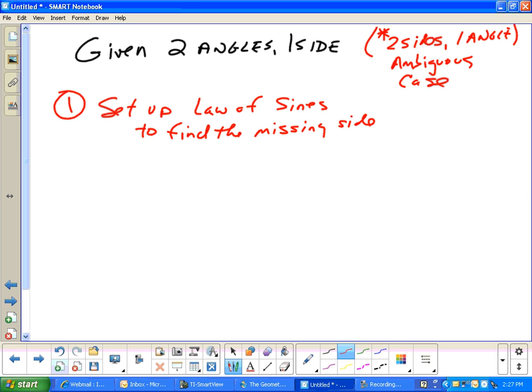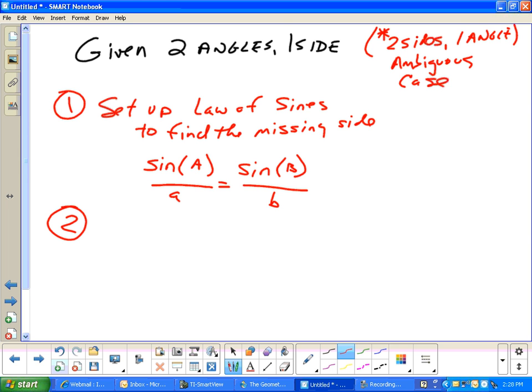So for example, if you're given angle A, you would just say the sine of angle A divided by a equals the sine of angle B divided by little b. And if you don't know b, you would just set up that equation and solve for b. Step number 2, you'll find the third angle by using the 180-degree rule for the sum of the angles of a triangle.